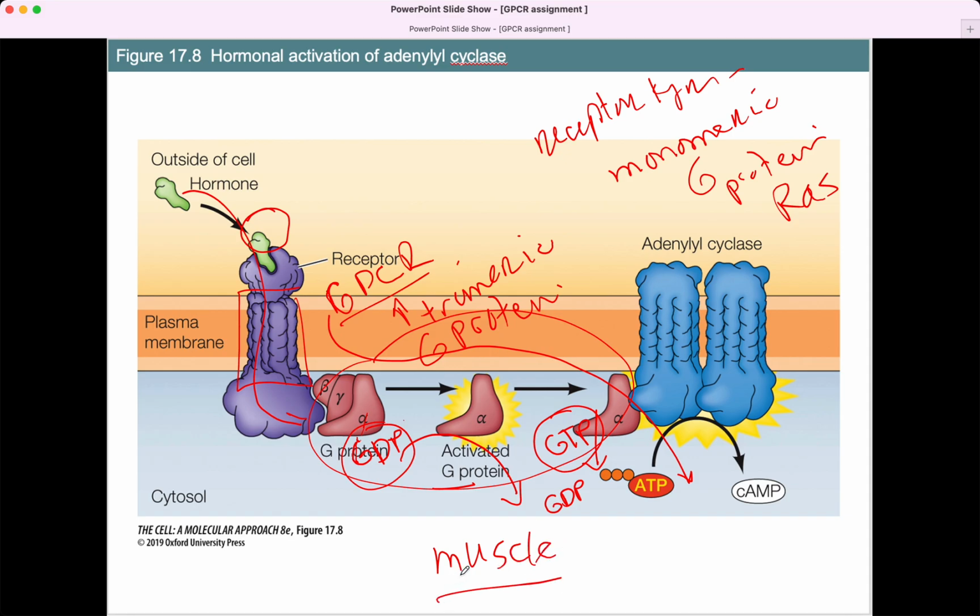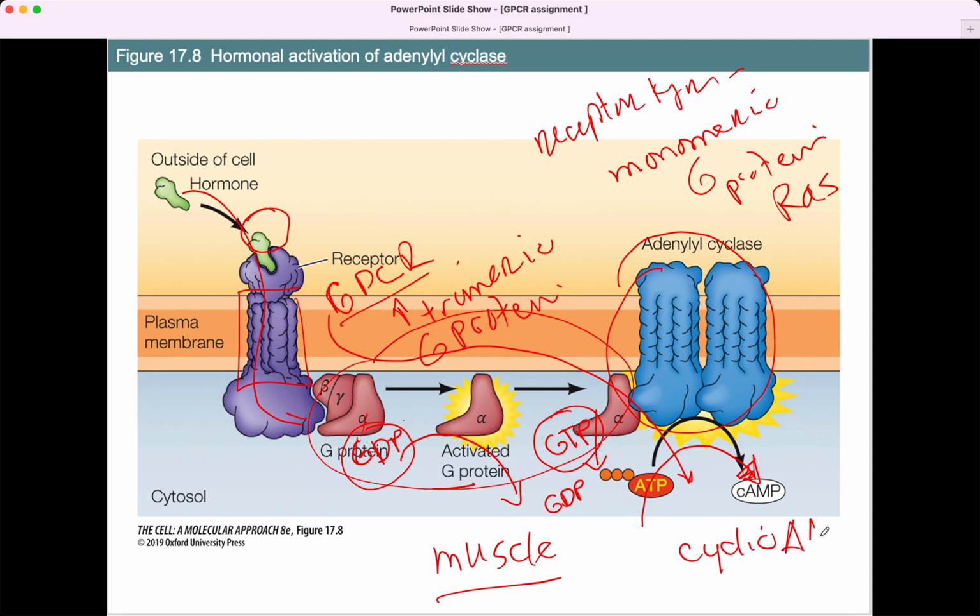So our muscles respond to epinephrine. Let's get out of here really fast, okay? So the G protein coupled receptor is activated, the G protein is activated, and in this case, it binds to an enzyme that catalyzes ATP to be converted to cyclic AMP.